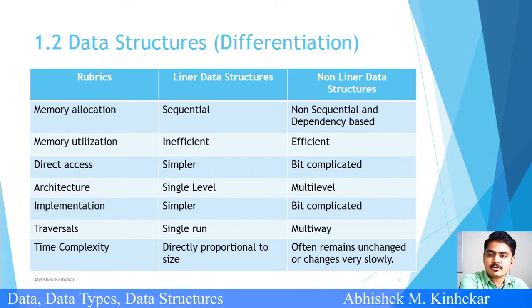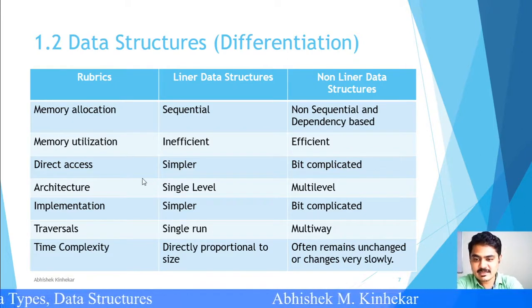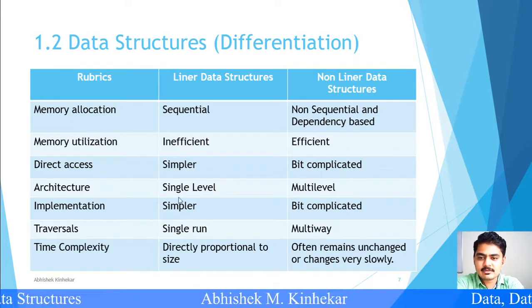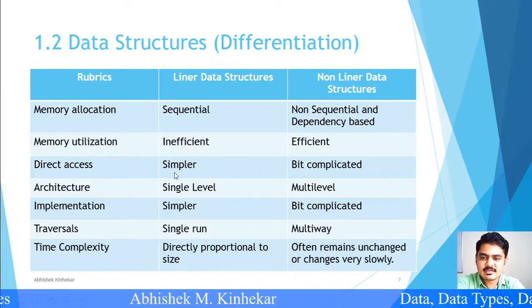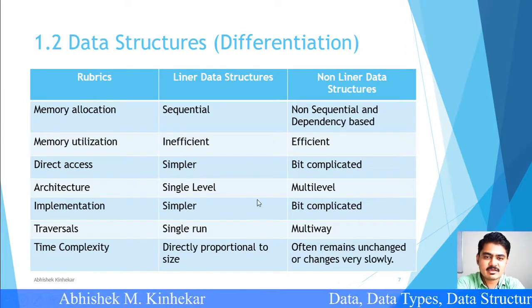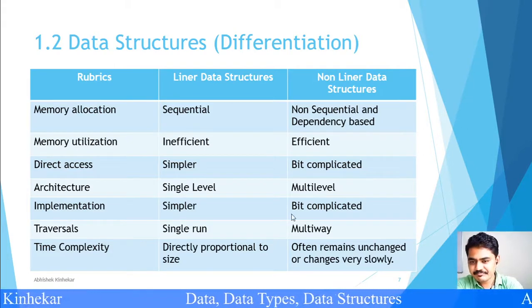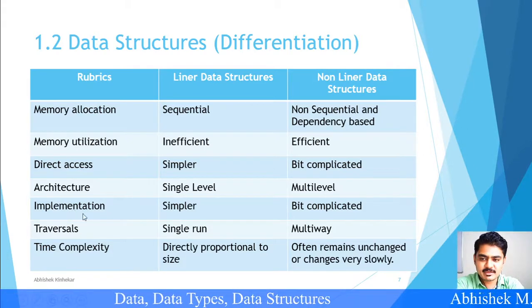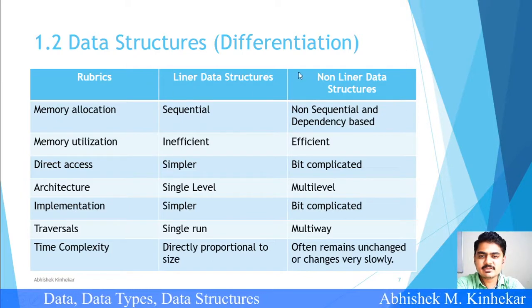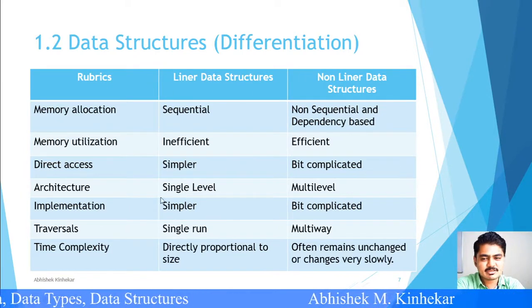Another point of differentiation is architecture. In linear data structure, the architecture is single level, whereas in non-linear data structure, architecture is multi-leveled. If I talk about implementation, linear data structure uses sequential memory, so implementation is quite simpler.